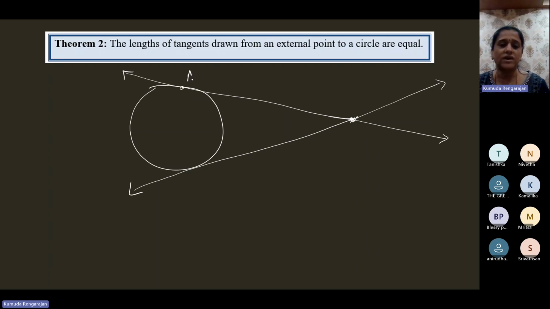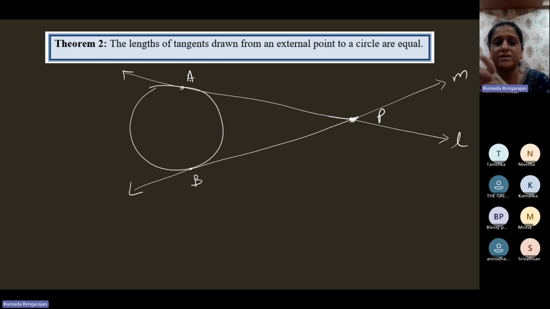If I call the points of contact A and B, and P is the external point, what is PA? PA is a segment of the tangent L. And PB is a part of the tangent M.